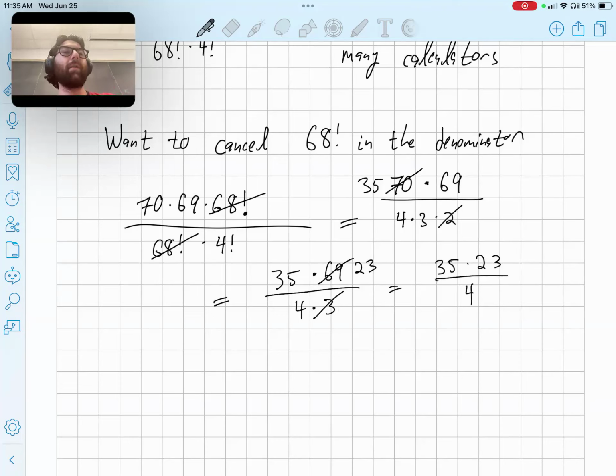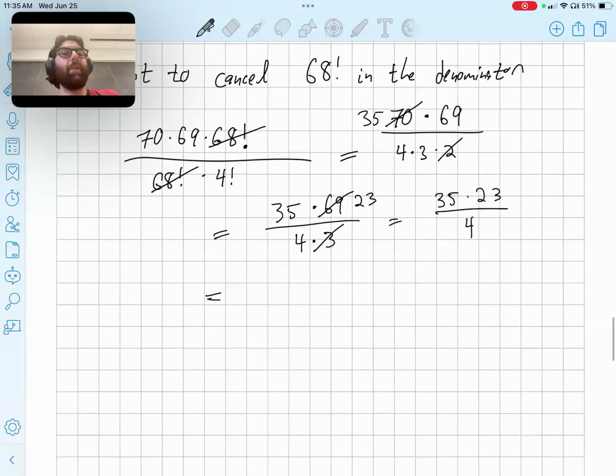This is pretty much as far as we can go with this manipulation, because 35 times 23 is not divisible by 4. If I just put this into my calculator, 35 times 23 divided by 4, we get 201.25.